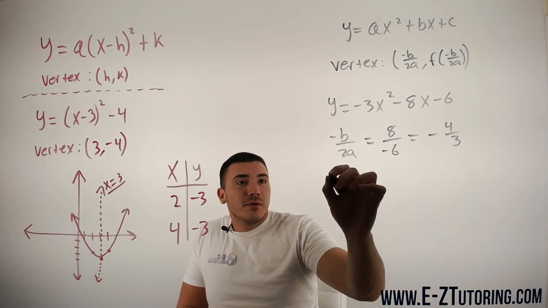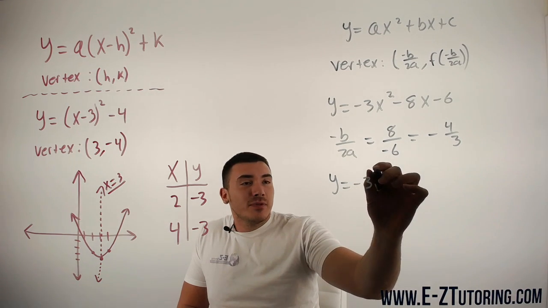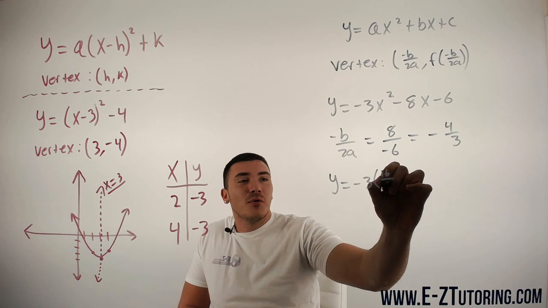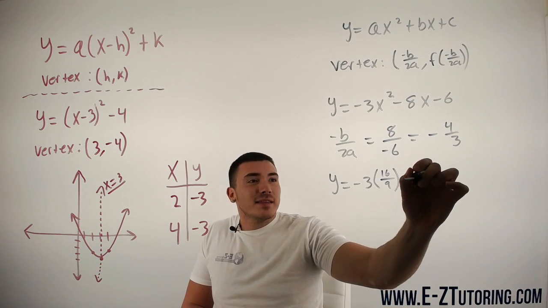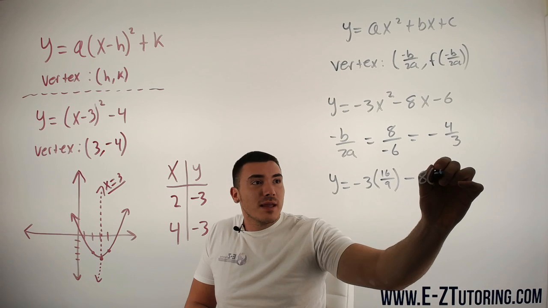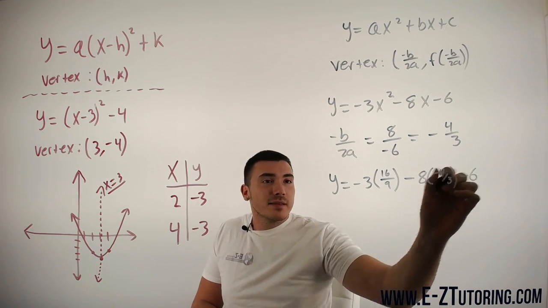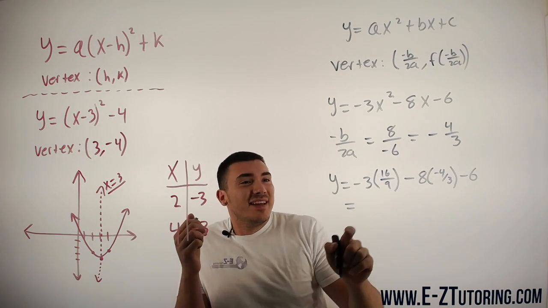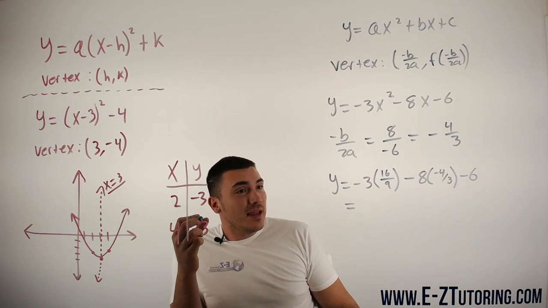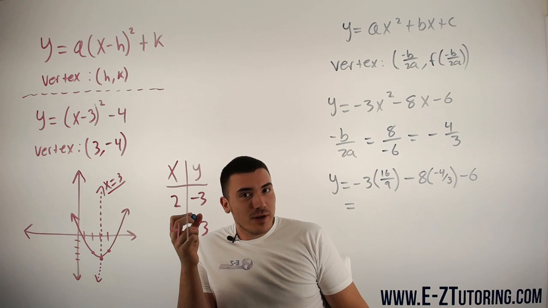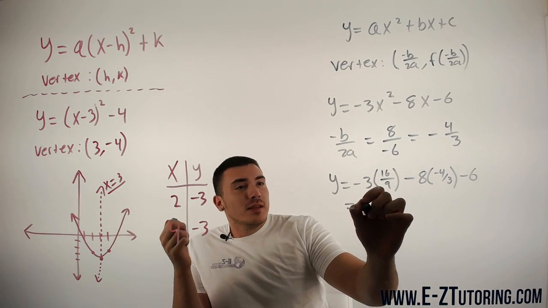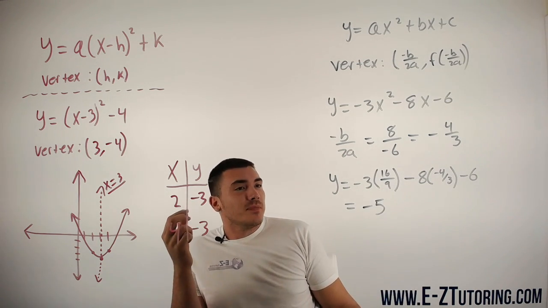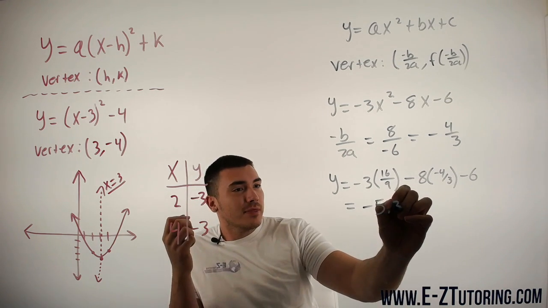So we will have y equals negative 3 times negative 4/3 squared, which gives you 16 over 9, minus 8 times x, which is negative 4 over 3, minus 6. So let's see what this gives us. 3 times 16 is 48, negative 48 over 9. Instead, I will write negative 5.3 repeating.